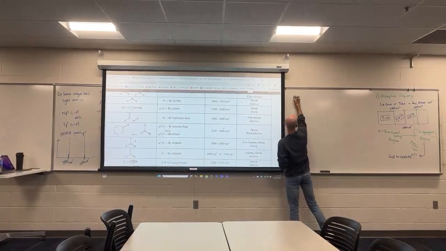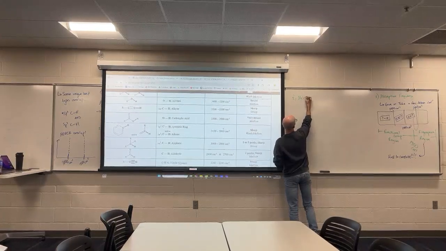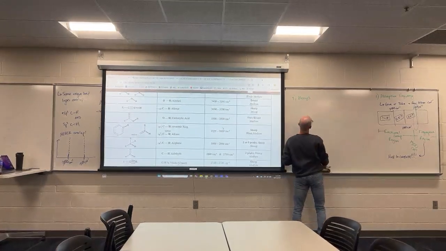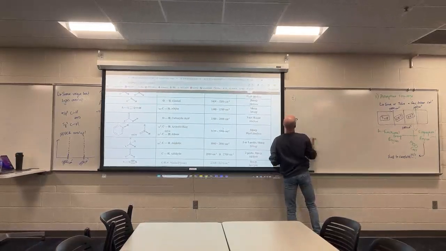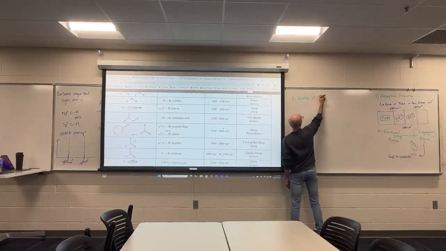After looking at the absorption frequency, we look at the absorption peak. We look at the number of peaks.